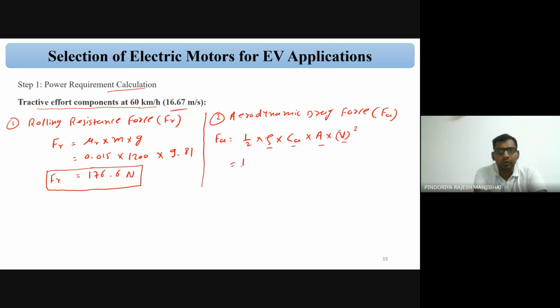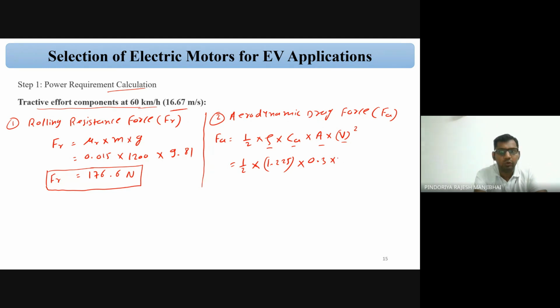Rho is not given in the question, so we can consider the value of rho as 1.225 kilograms per meter cube. Into CA, the drag coefficient, we can consider 0.3.